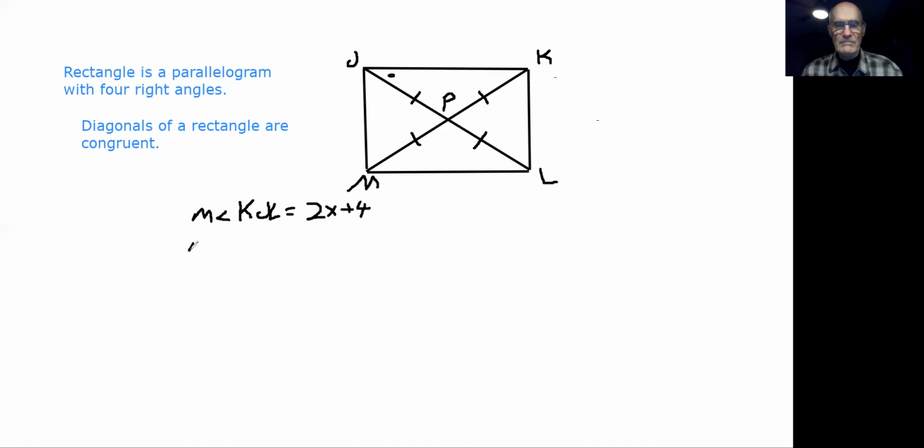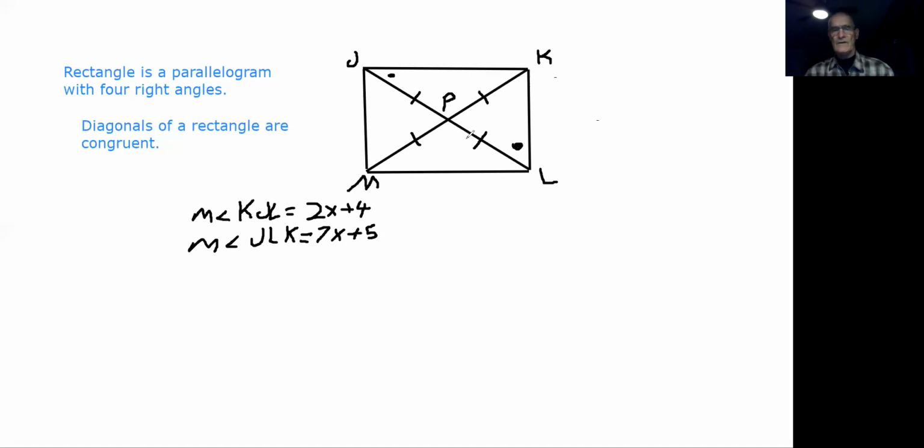And then the measure of angle JLK is equal to 7x plus 5. That's JLK, so that's this little angle right here.